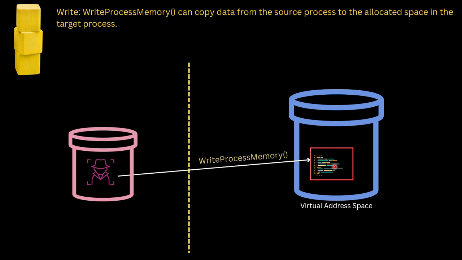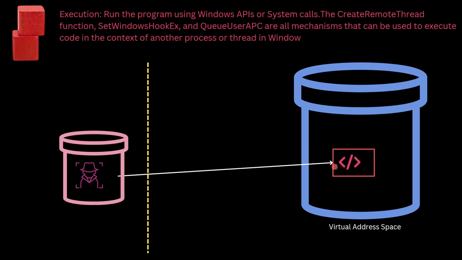Using this API the attacker will be able to copy its code into the address space of another process. Then in the execution stage, once the code is copied, the attacker has to get its code executed. Only then will the malicious activity start, of maybe calling the CNC servers or giving the remote away. That will all happen only when the code inserted by the attacker gets executed.